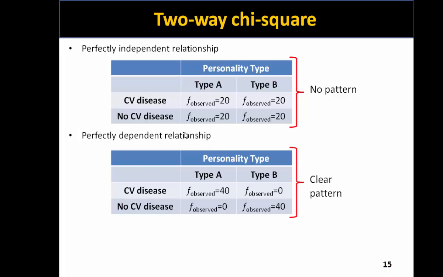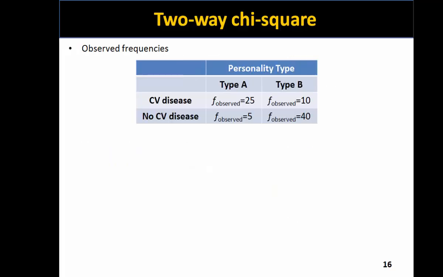In the second example, we see a very clear pattern, where the personality type was perfectly correlated to the presence of cardiovascular disease.